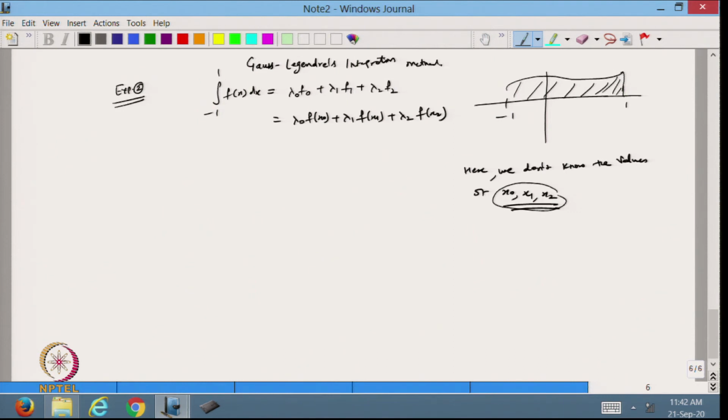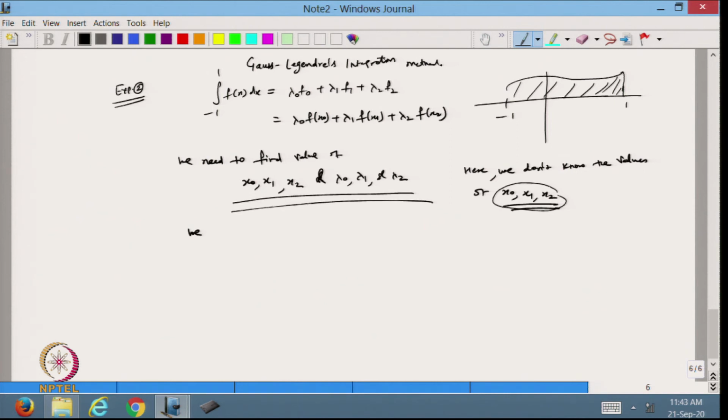So, in this case I have 6 values we have to find out. We need to find the values of x 0, x 1, x 2 and the coefficients lambda 0, lambda 1 and lambda 2. So, 6 coefficients we need to find.